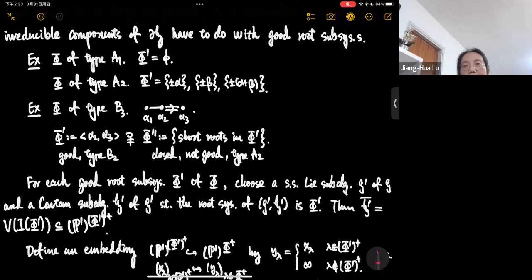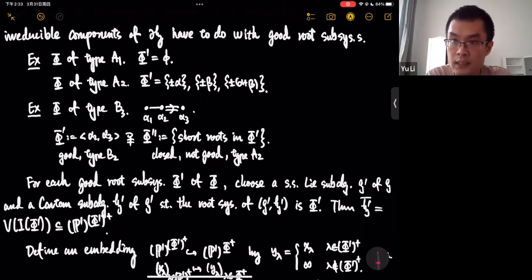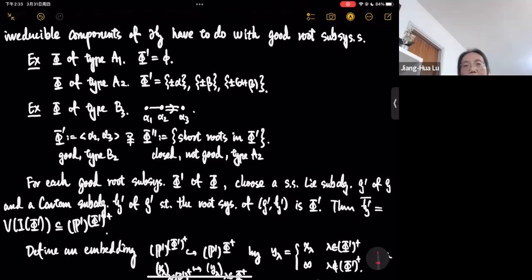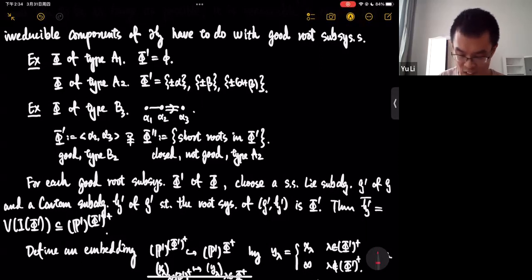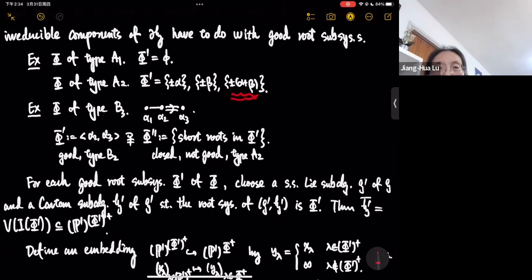So you want such a subset to be stable under the subgroup. They don't have to be generated by simple roots. No, that's the point. So here you see, this is not generated by a simple root.